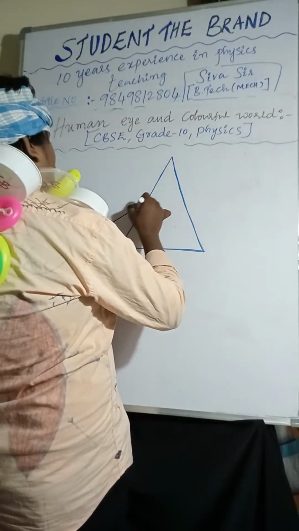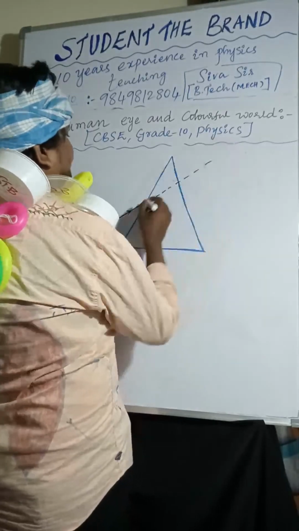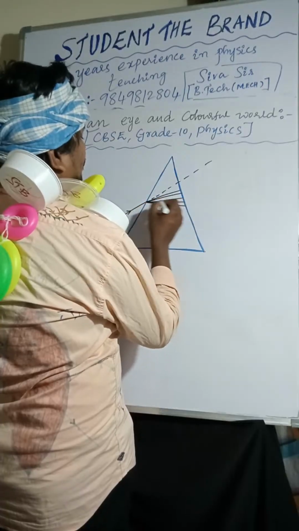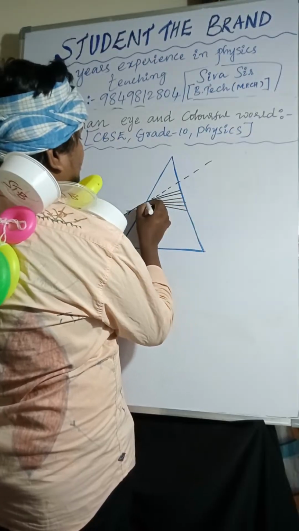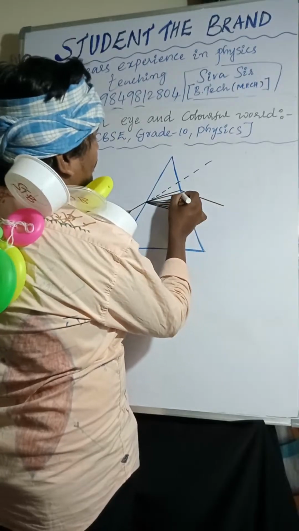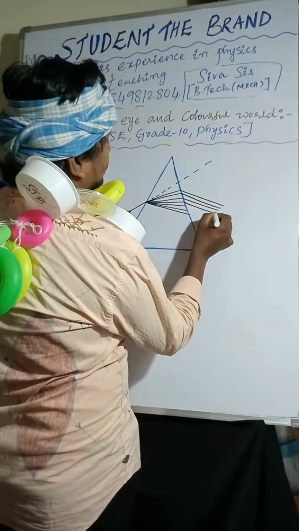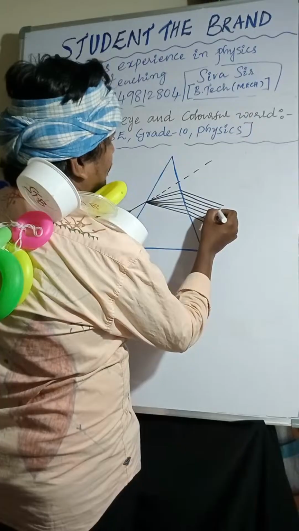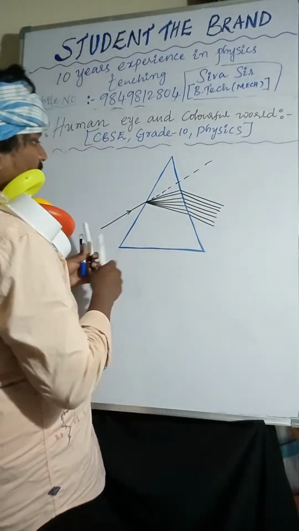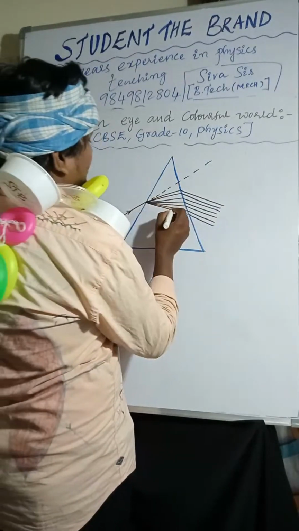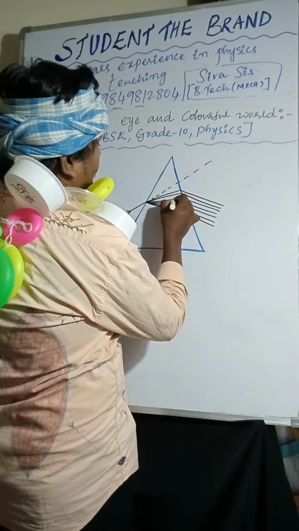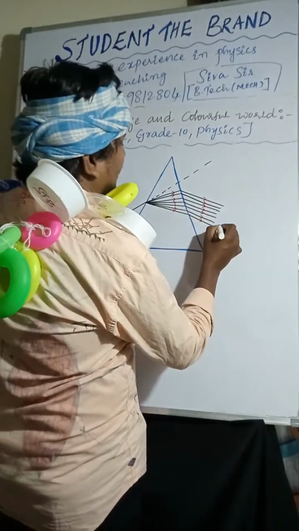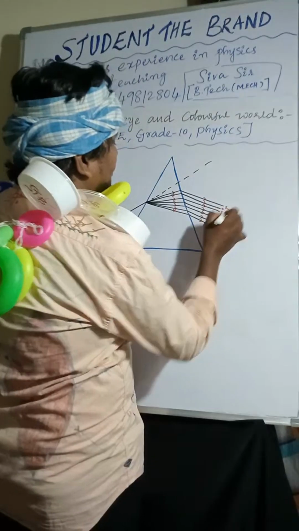Those are violet, indigo, blue, green, yellow, orange, red. Seven colors. VIBGYOR.